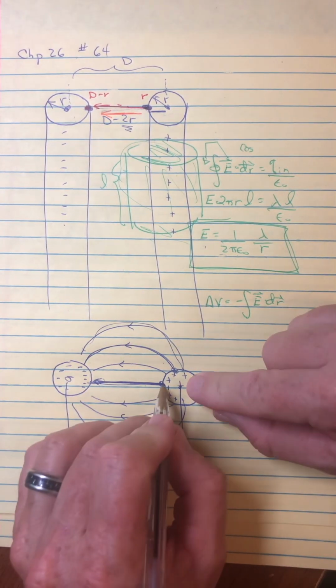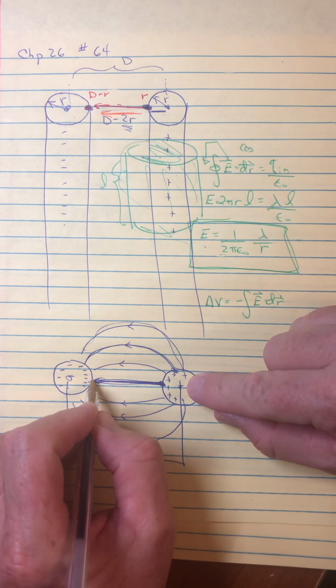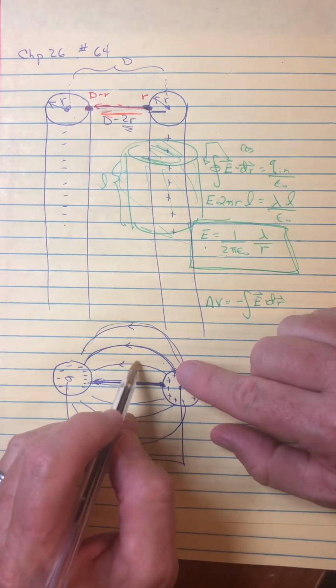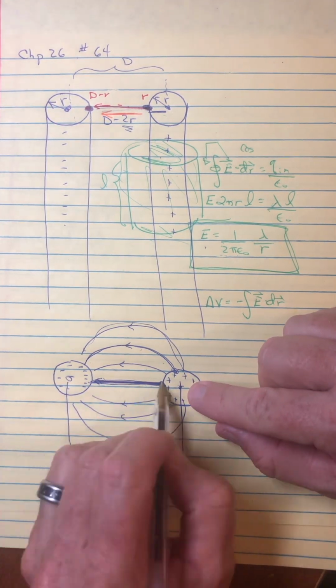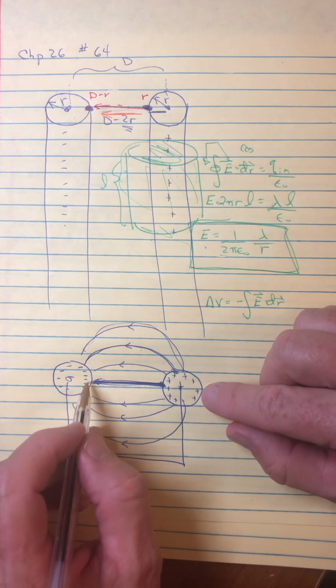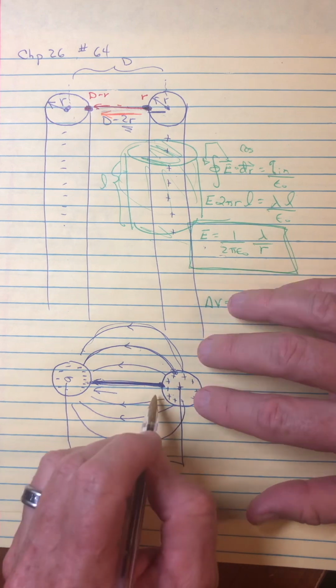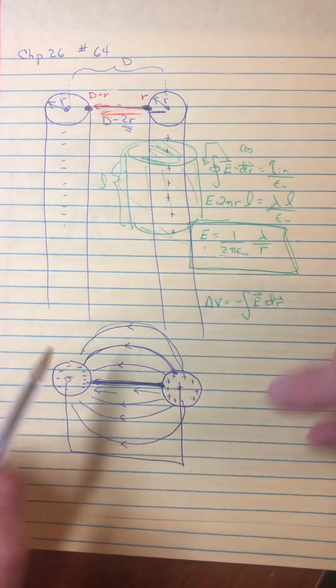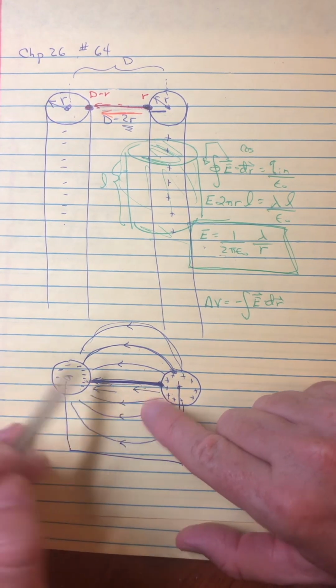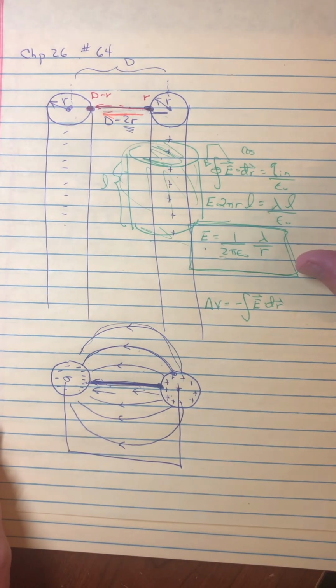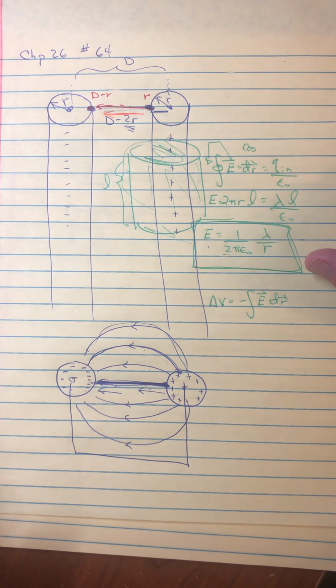And so if you're going along this path, the combination when they're at an angle is much more complicated, but this one here is actually pretty easy. The electric field from the negative point inward and the electric field from the positive point outward. And so the combination of those two is just a doubling effect.